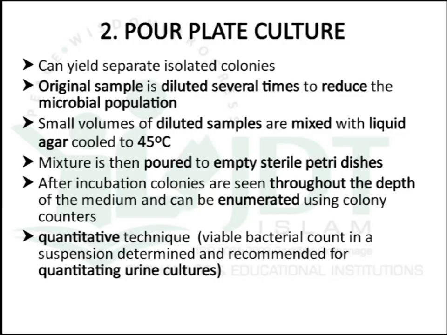Second one is pour plate culture method. By this method also we can yield separated isolated colonies, and for performing the pour plate culture method the original sample will be diluted several times to reduce the microbial population, and a small quantity of diluted sample will be mixed with the sterilized liquid agar which is cooled to 45 degrees Celsius.